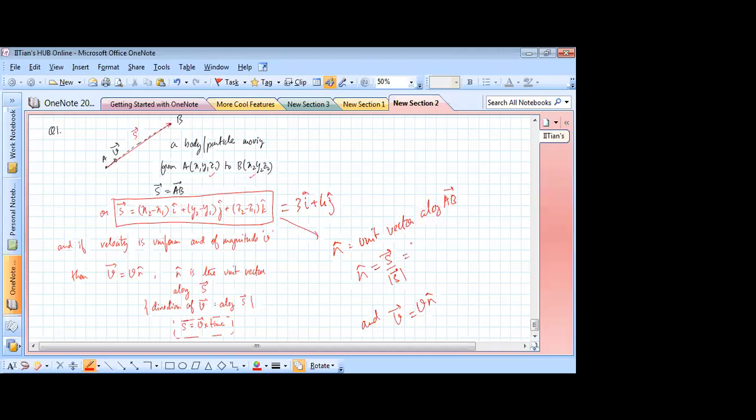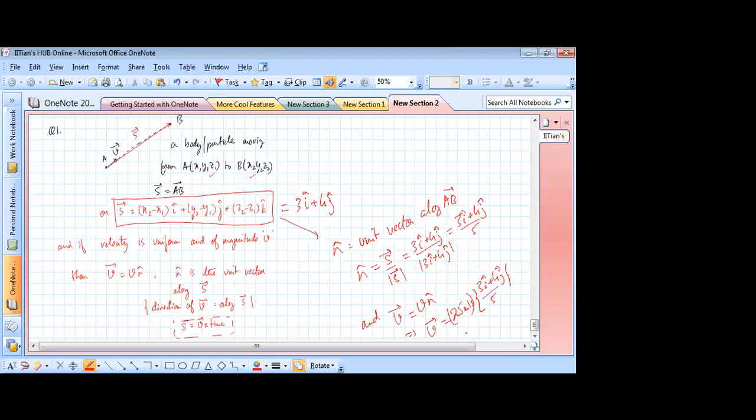So this will become 3 i cap plus 4 j cap divided by its own magnitude. The magnitude of 3 i cap plus 4 j cap is 5. Okay. So this is the unit vector. So now the velocity will become the magnitude of the velocity, which is given to you as 25 meters per second, multiplied by the unit vector, which is 3 i cap plus 4 j cap divided by 5.